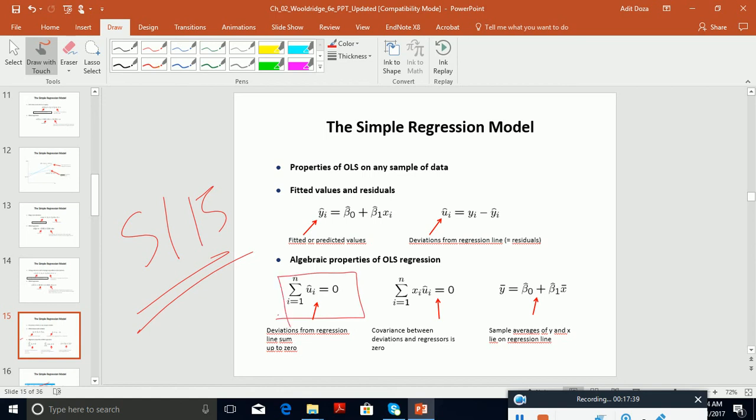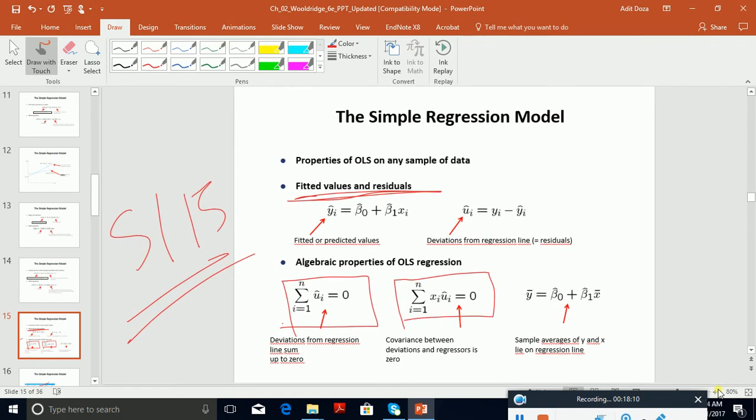Like the sum of ui's is 0, or the covariance of x and ui hat, the estimated ui, is also 0. So these are the algebraic properties of an OLS equation. So I can ask that, and also the fitted values and residuals, right? So properties of OLS on any sample of data.